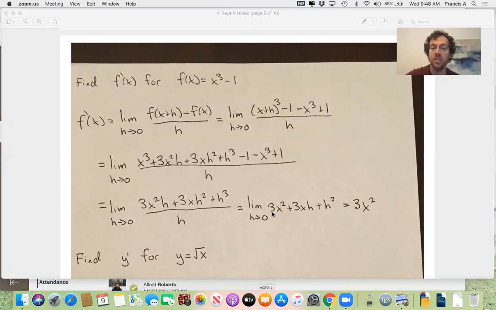So that is all that's left when we let h be 0. So this thing right here, this is f prime of x.